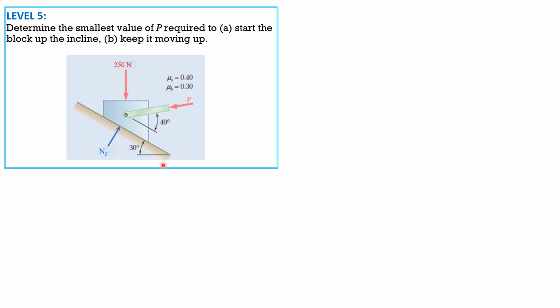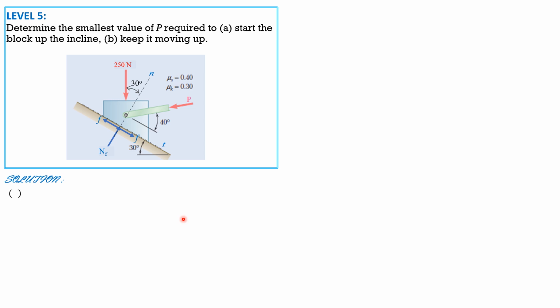So we have the normal reaction, and superimpose the normal and the tangential axis, and this is the direction of frictional resistance F, but this should be for part A maximum, which is 0.4 of N, and for part B 0.3 of N. And the direction of friction is downward, down to the right, because in both cases the block tends to move up for part A, so the maximum friction resistance is down, and for part B, to keep it moving up, motion is still upward, so friction is downward.